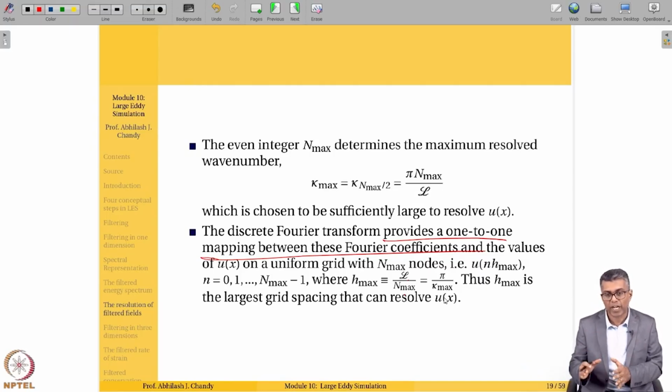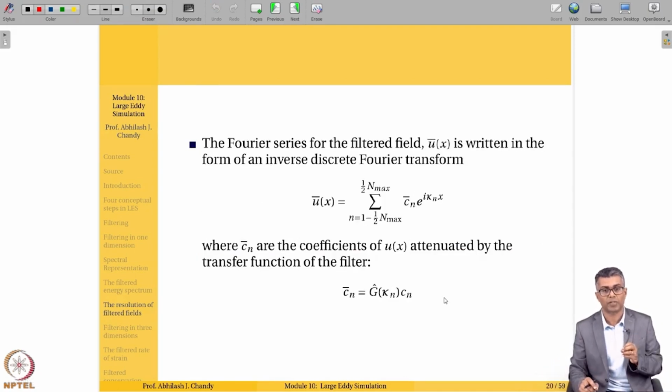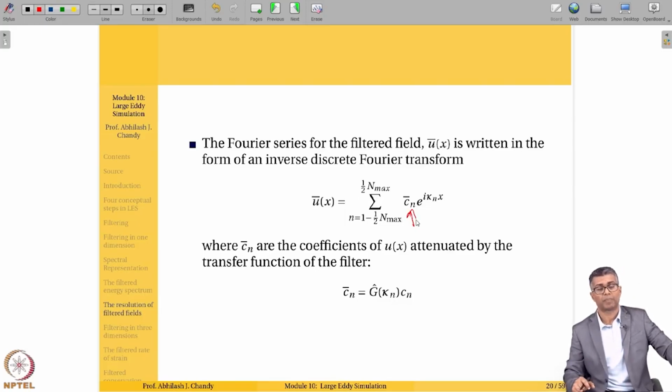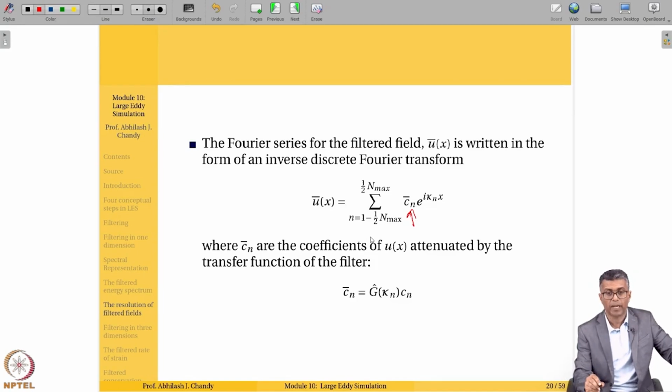Now all of this changes when you apply LES. So the Fourier series of the filtered field is written as an inverse discrete Fourier transform, which is U bar of X. And now you are writing it as a summation again, but your Fourier mode is now a filtered Fourier mode: Cn bar e to the I kappa n x, going from 1 minus half n max to half n max.